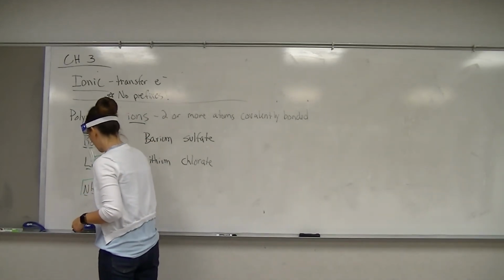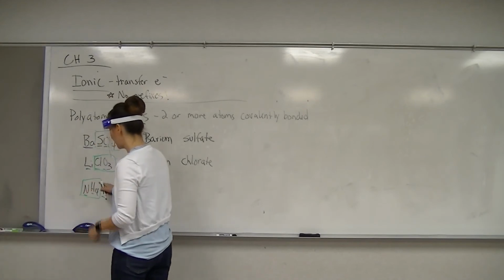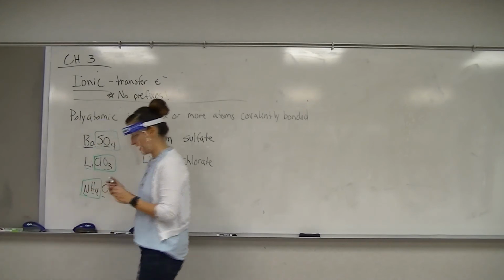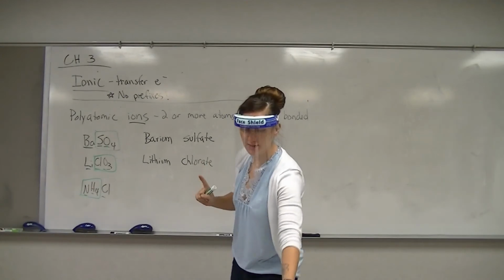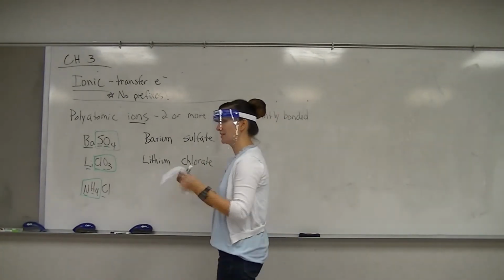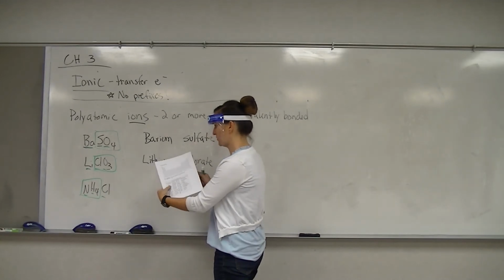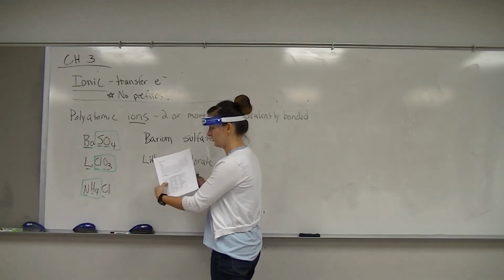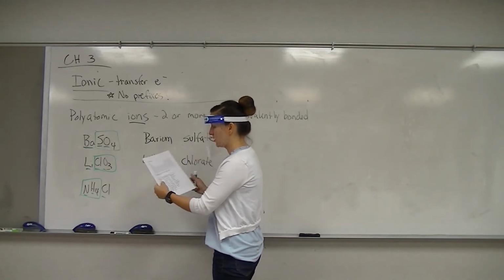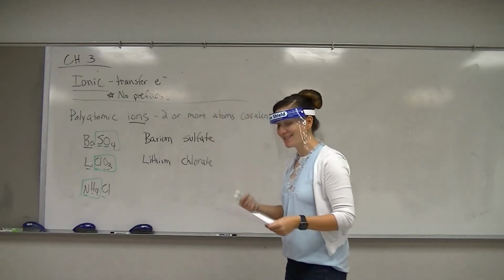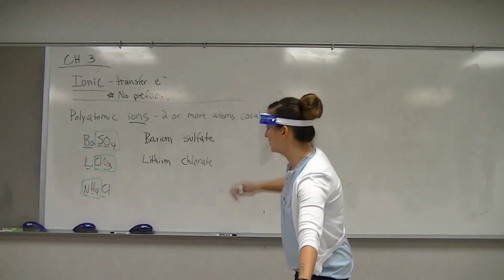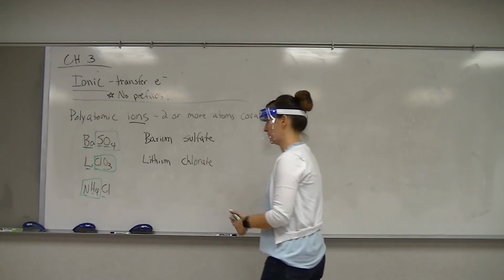Because if you look up NH4, this has a charge on it. NH4 is the only positive polyatomic on your table. So it's the second one down, NH4 with a plus. Since it has a charge, since it's an ion, this is an ionic compound.